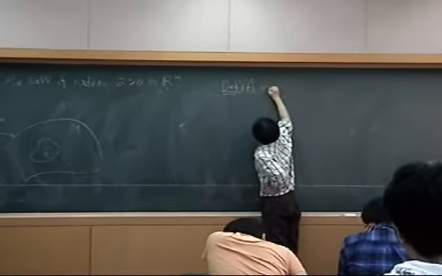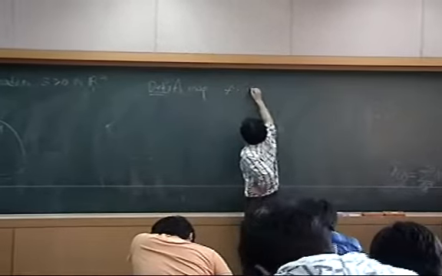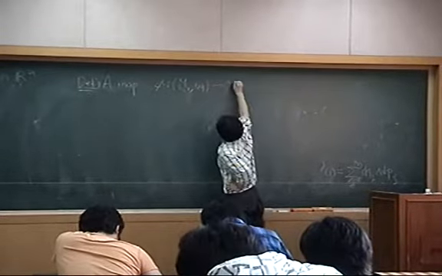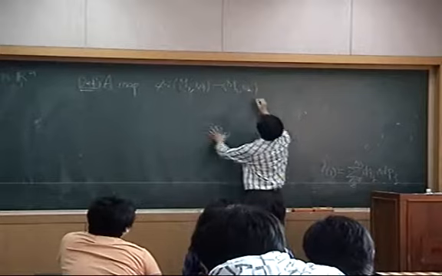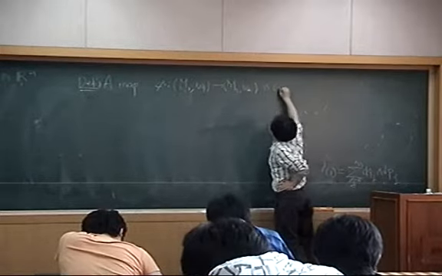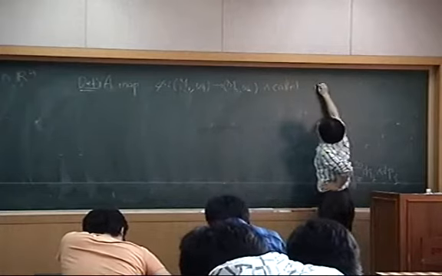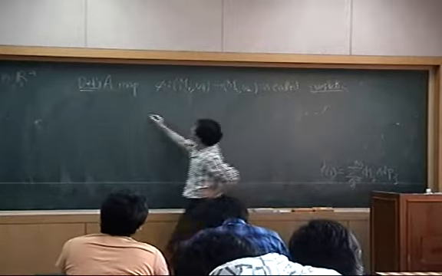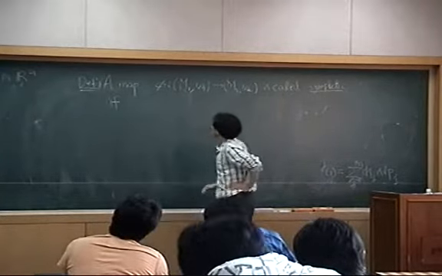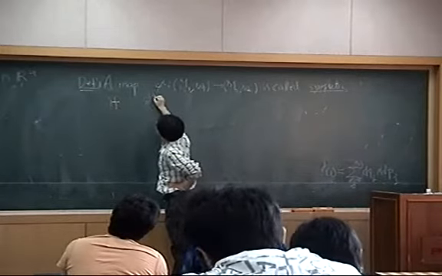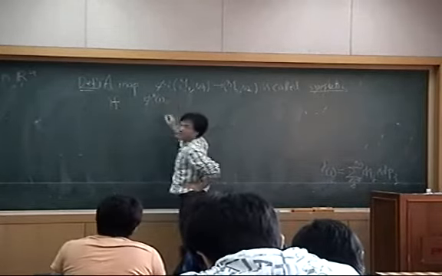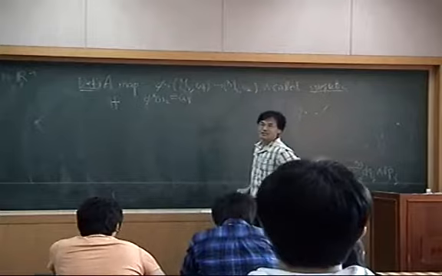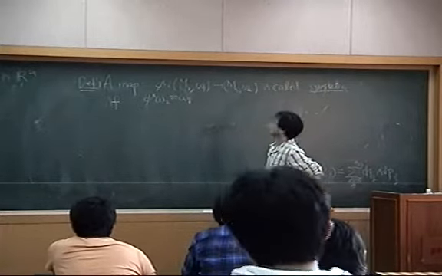A map phi between two symplectic manifolds, (M1, omega1) to (M2, omega2), is called symplectic if this map pulls back differential forms, and if the pullback of omega2 coincides with omega1, then we say this map is called symplectic.